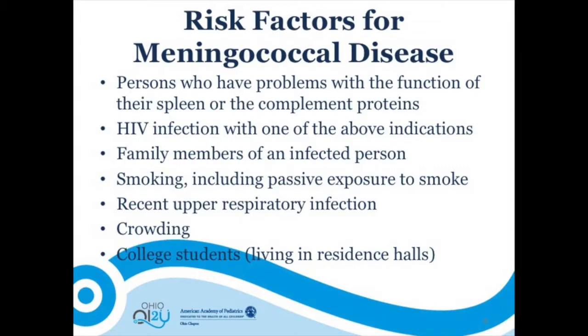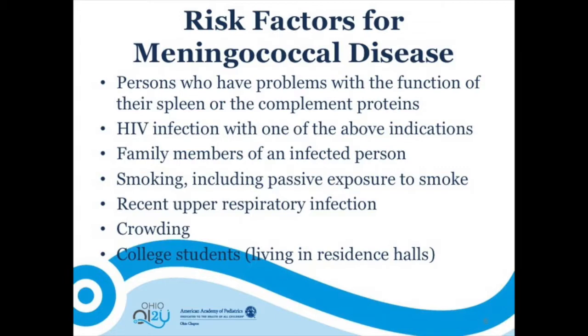Complement proteins are proteins in the blood that aid in recognizing the meningococcus as a foreign invader, so the immune cells can attack and kill it. If an individual has HIV infection, along with one of these above indications, either problems with spleen function or problems with function of the complement proteins, then they're also at risk for meningococcal disease.